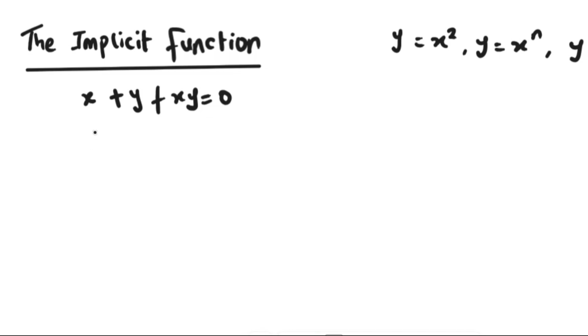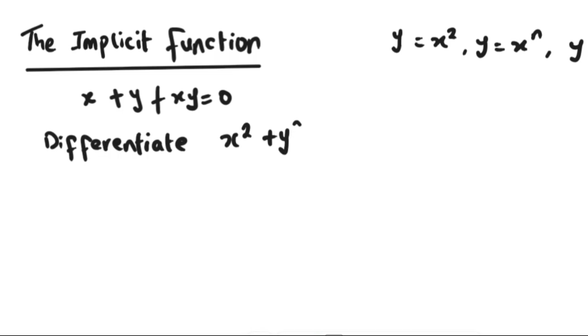So, for example, let's take a very basic example. Let's differentiate x squared plus y squared equals 4. This is a typical example of an implicit function. What it means is that we are going to differentiate each term separately with respect to the letter we are using to differentiate.